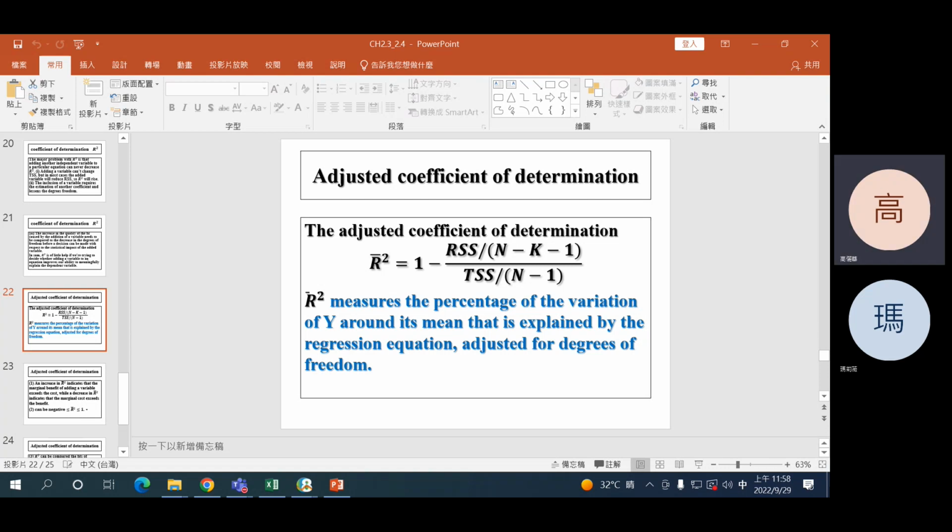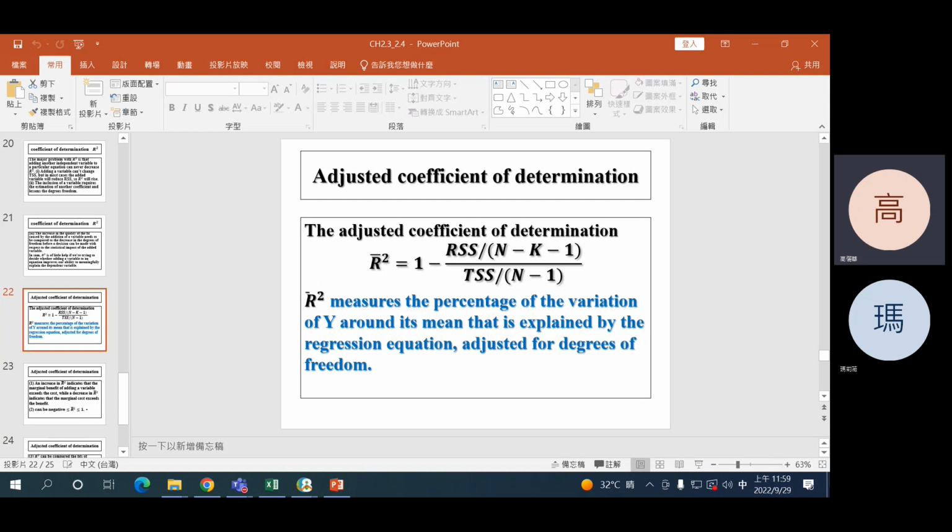Okay, and can you compare these two? Especially this one. What's the number of this one? This is n minus 1, right? This is n minus k minus 1. The k is the number of x variables. So for example, if I have k equal to 2, since I use k, I should have multiple regression, right?